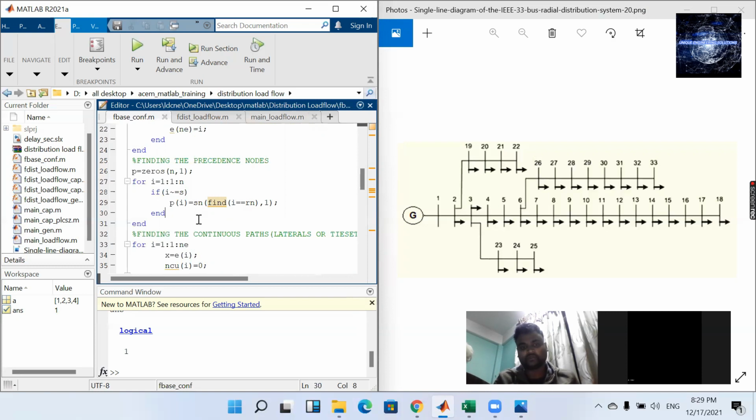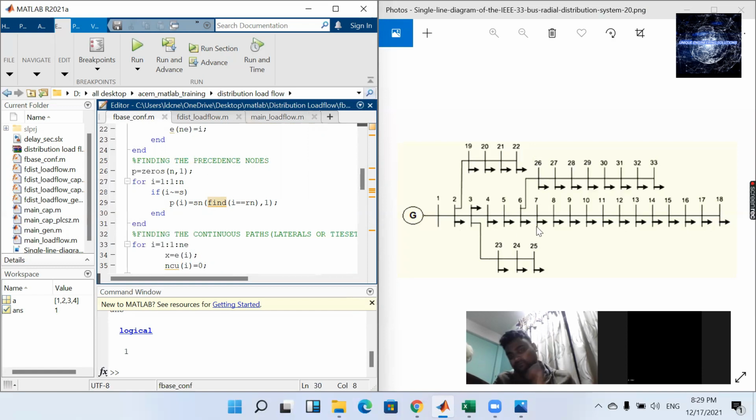So no two members of Rn will be equal to i, and find will give the index of that member of Rn which equals i. And why are we going to do this? Because we are going to find the precedence node.